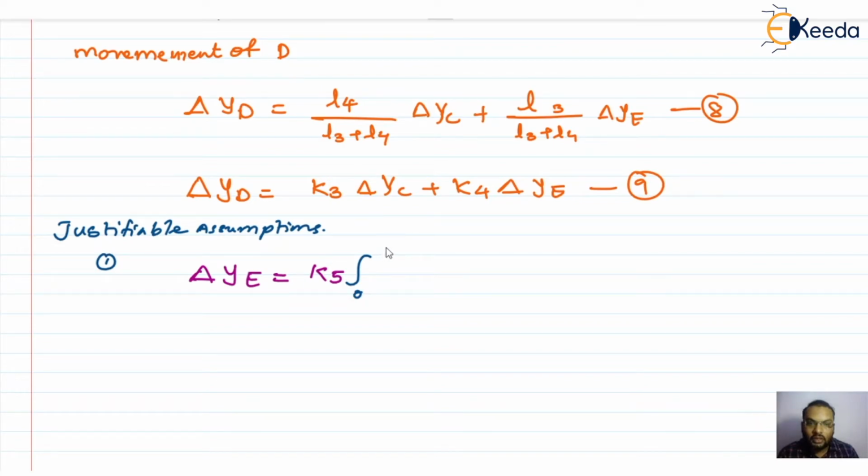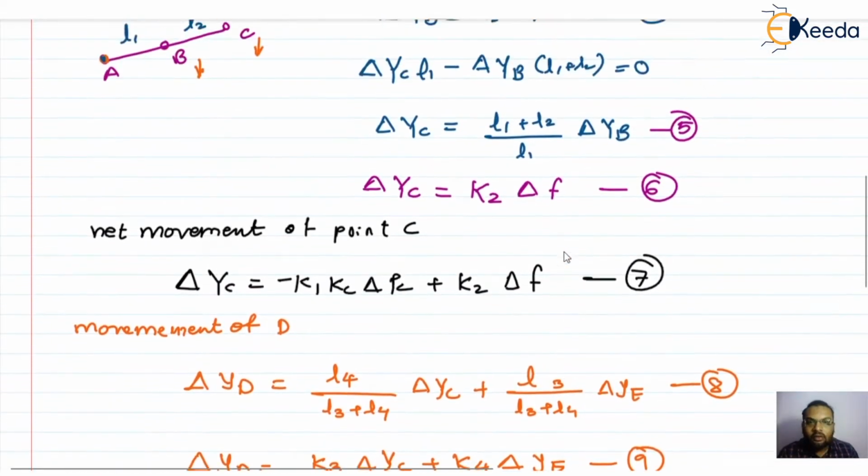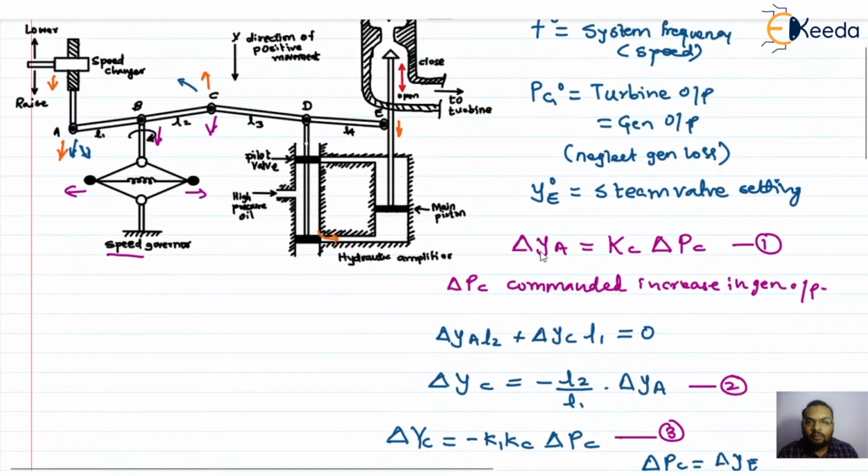Okay, so let us suppose that the valve is open from the time 0 to t. And in that, the movement of the point D, now I'm writing it as negative of YD. Why am I writing it as negative, let me explain. The downward movement of point D will be positive.